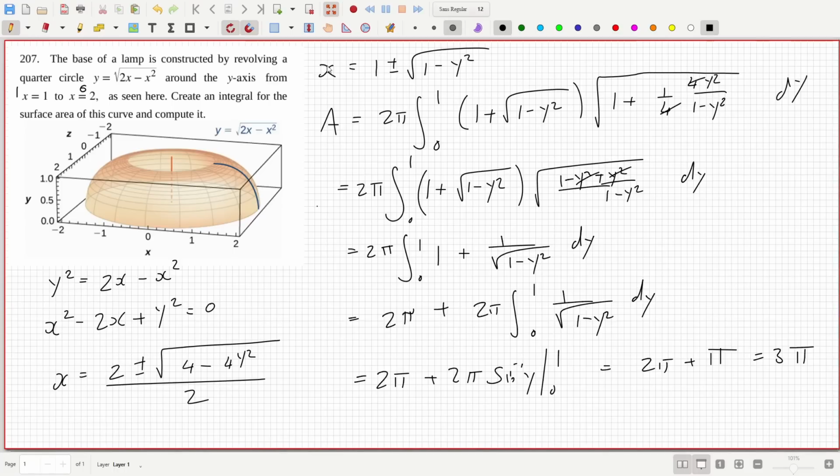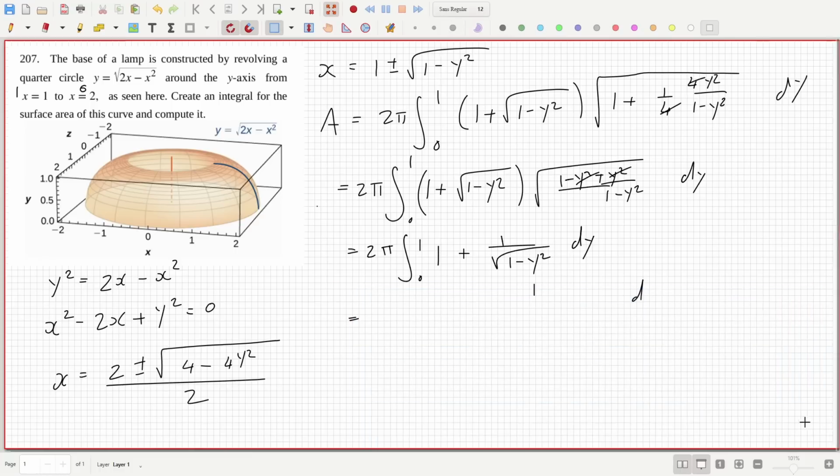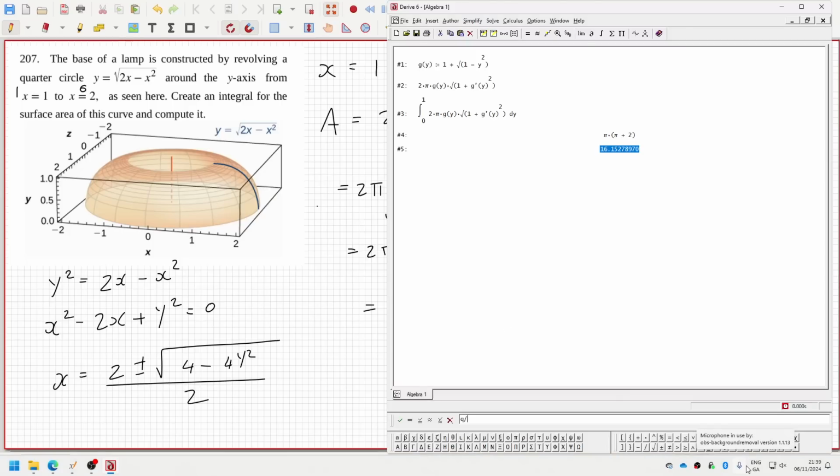maybe I'm doing something silly at the end here with my substitution. That would be 2 pi y plus, and that is sine inverse, isn't it? Let me double check that actually. Maybe it's cos inverse or something.